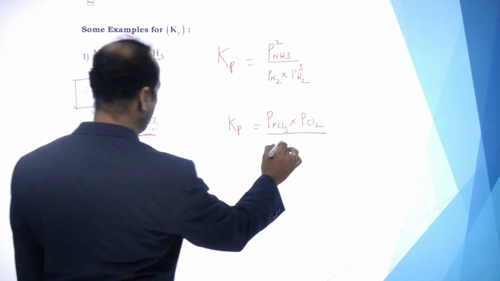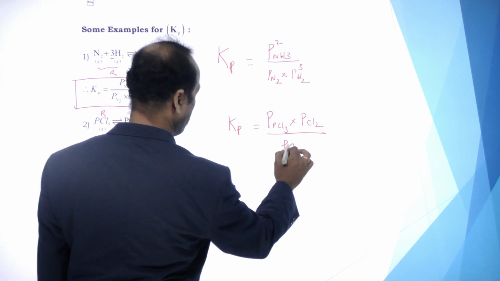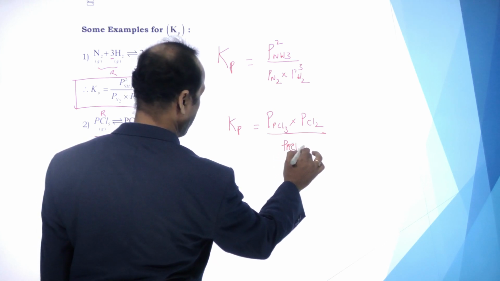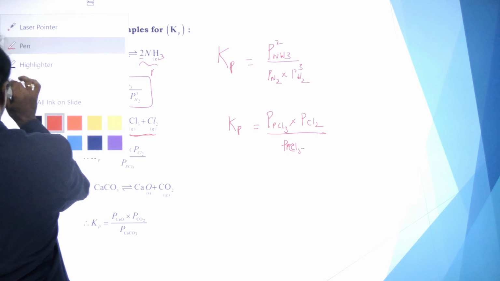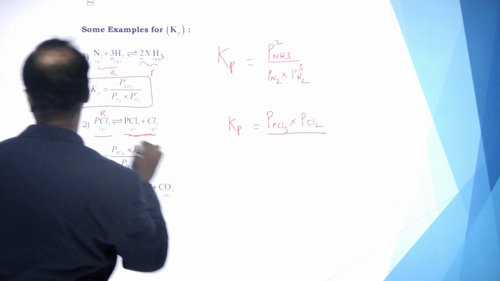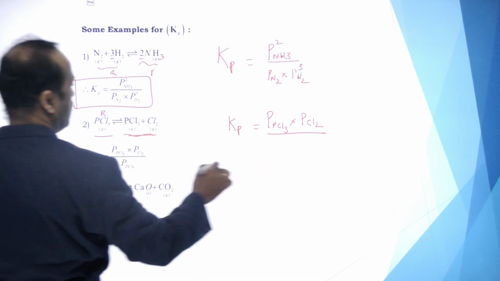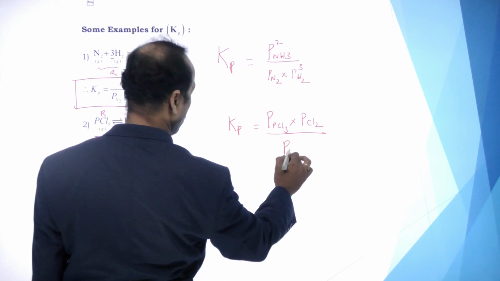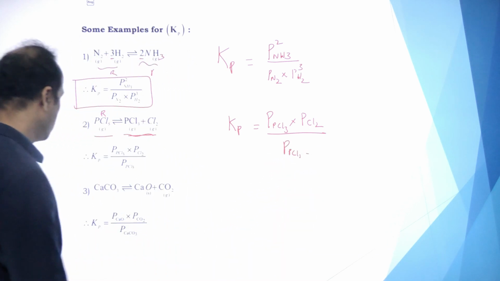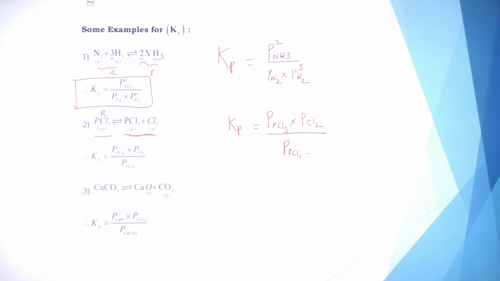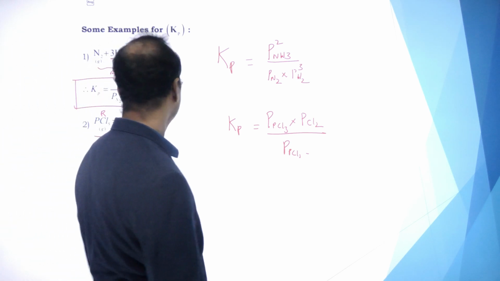Any number? No. So partial pressure of PCl5. So that's all, how simple. Based on this, you have numericals also. So that's about the partial pressure.